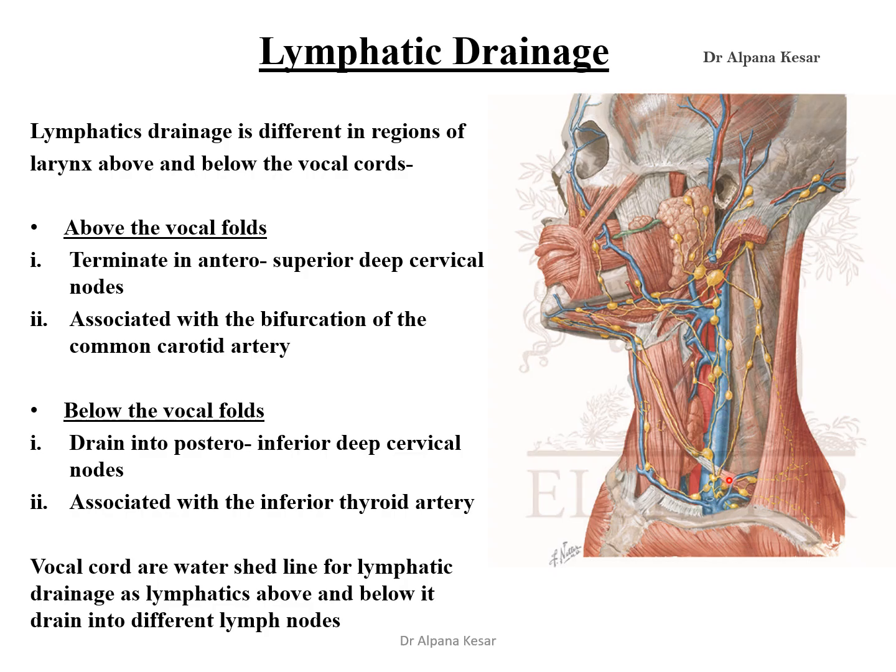Below the vocal cords, the lymphatic drainage is into postero-inferior group of deep cervical lymph nodes. These lymph nodes are associated with inferior thyroid artery. Thus, vocal cords are watershed line for lymphatic drainage as lymphatics above and below it drain into different group of lymph nodes.